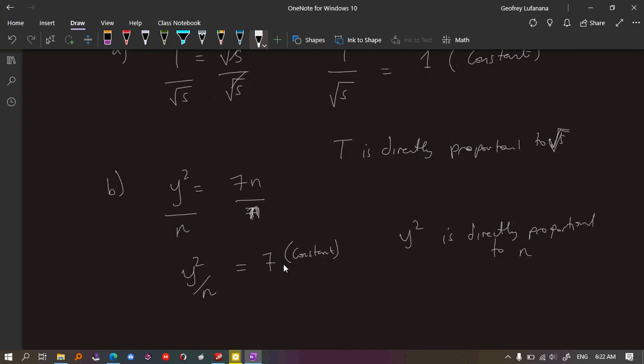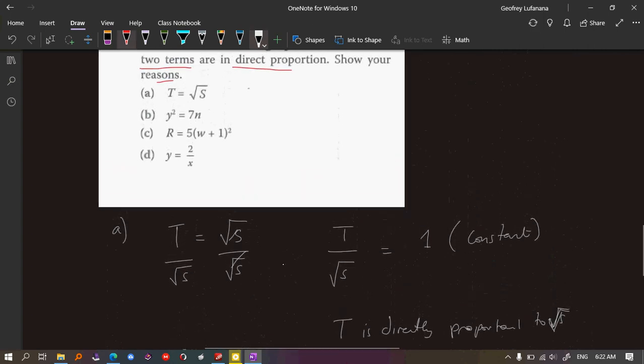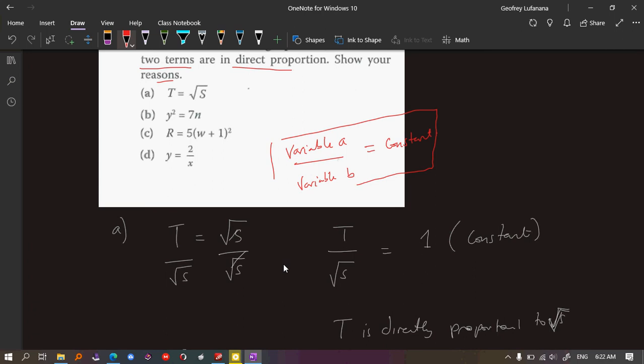So once again, what's the aim? To establish the condition that, this time let me use variable a over variable b, is a constant. If I can establish that, then the two variables a and b are in direct proportionality.